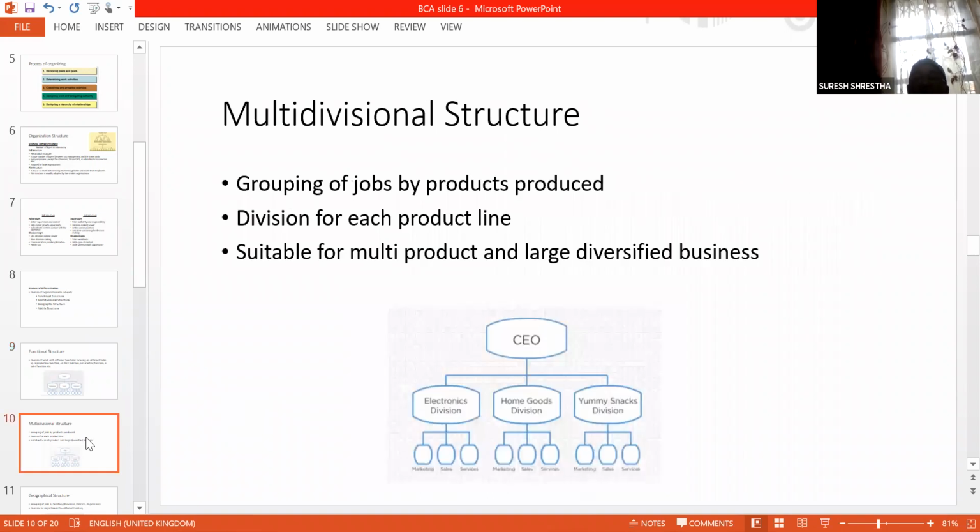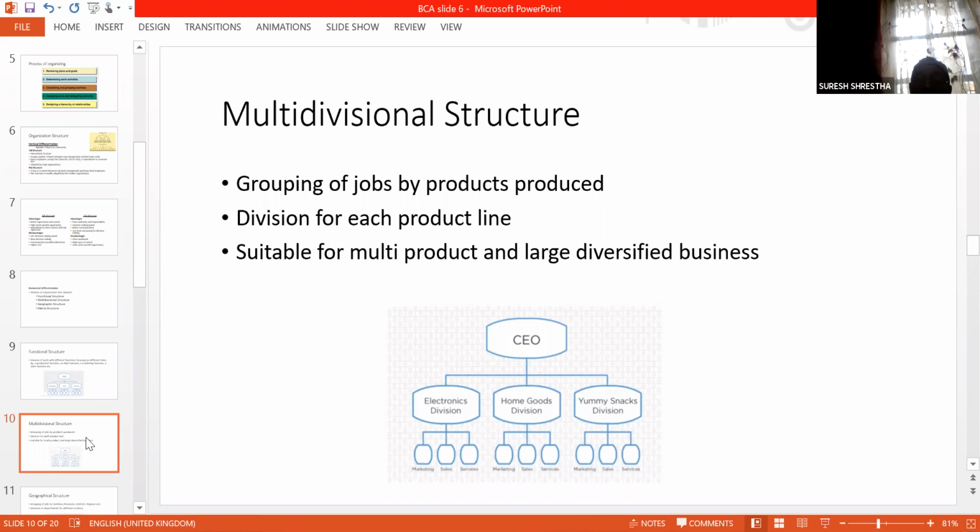अर्को structure multi-divisional structure हुन्छ. यसमा चाहिँ नि अब it's a whenever you have multiple products, एउटा मात्रै product नभइकन बढी product हरु चाहिँ नि गर्नु पर्यो भने चाहिँ नि you can go into this multi-divisional structure.